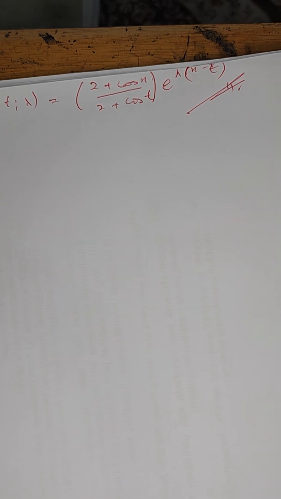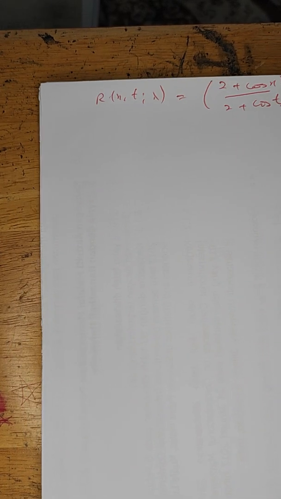Okay, now we have found the resolvent kernel. Now we are going to use the resolvent kernel to solve the appropriate Volterra integral equation. Okay, let me give you an example.